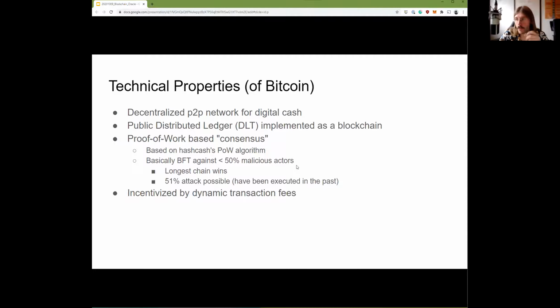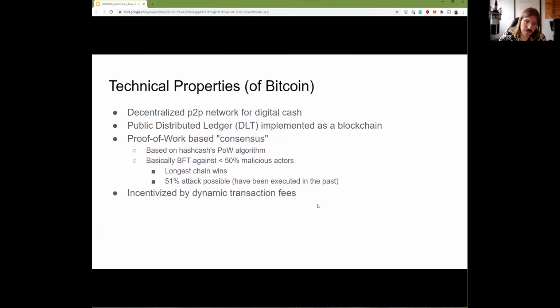Yes, but still, it is attackable. If you are controlling 51% of the network, which we have seen happen in the past, you can attack the network and therefore introduce malicious transactions, more or less. And there's one interesting thing: by participating in this proof of work, you are getting a certain amount of Bitcoins. This is this famous mining idea.